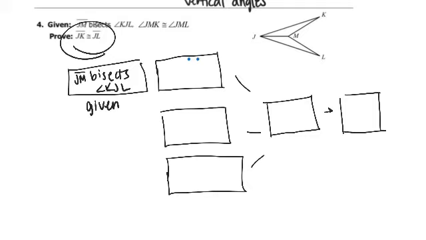So if we highlight KJL, bisects means cut into two congruent parts. So we mark the angles that it cuts in half, okay? So that we can say angle KJM is congruent to angle LJM, and that's by definition of an angle bisector.